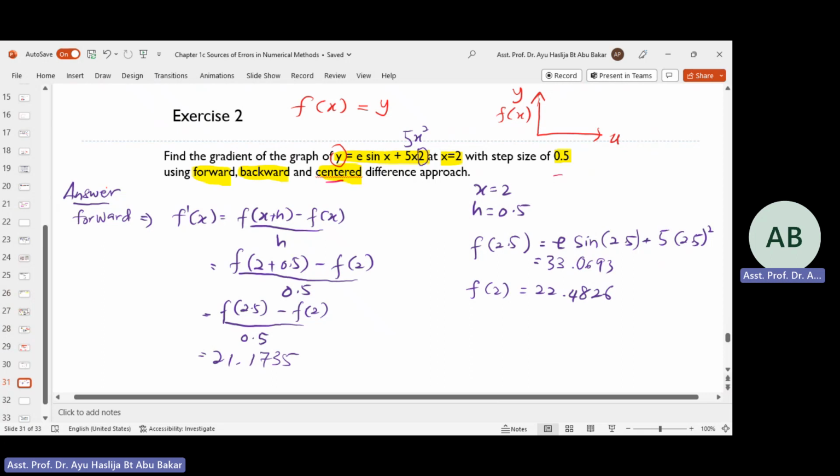If you use this, it will be a different number. Let's say you use e sine 2.5 plus this one, 2.5 over 2. But your answer is still in the range. No issue, should be acceptable.